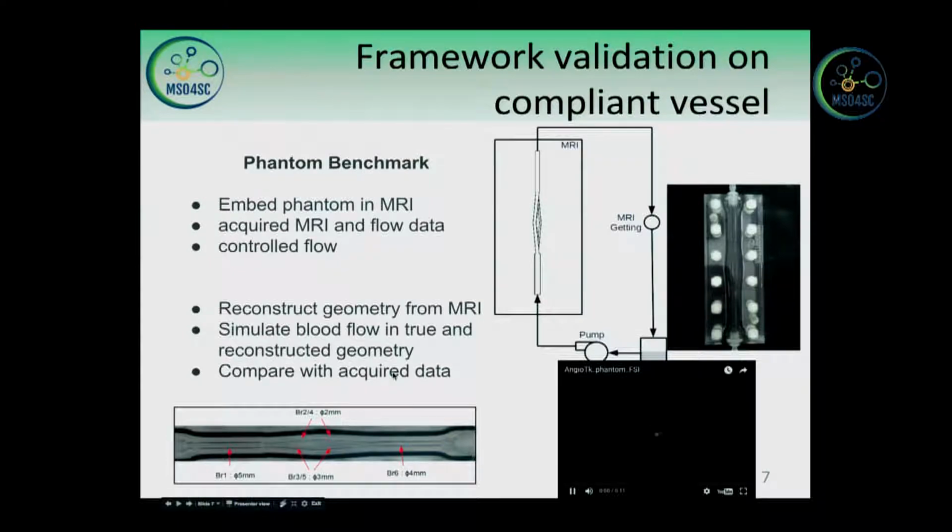Another benchmark is with respect to compliant vessels. In that case, this is an experiment we did in Strasbourg. So we put a stent, well, not a stent actually, sorry, something that could be used after surgery to replace a part of an artery.